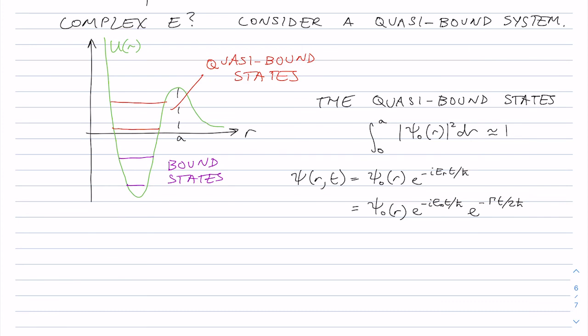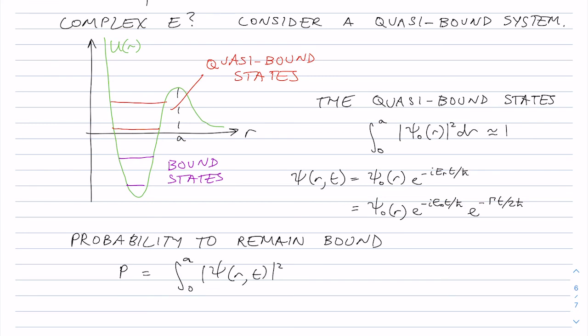So the probability that the particle will remain bound, in other words, the probability to be found inside the well, will be the integral, and that's going to be proportional to e to the minus gamma t over h bar. In other words, it has some finite lifetime.